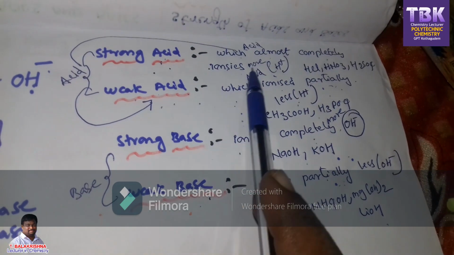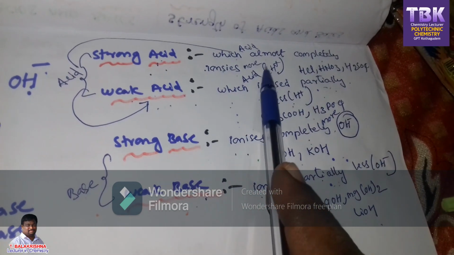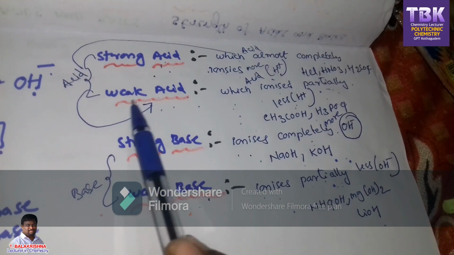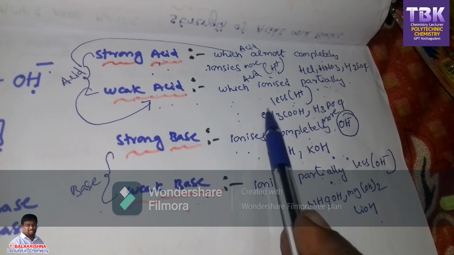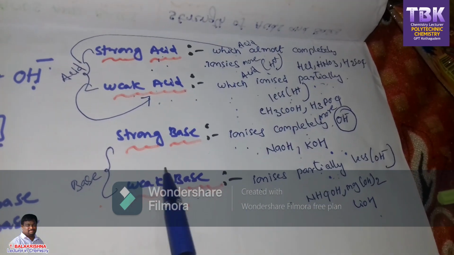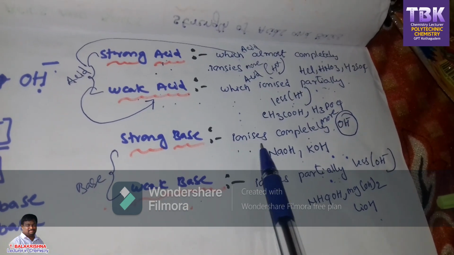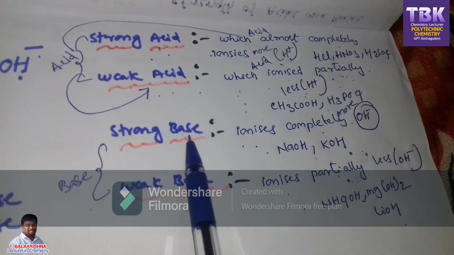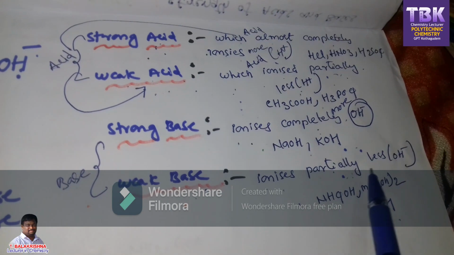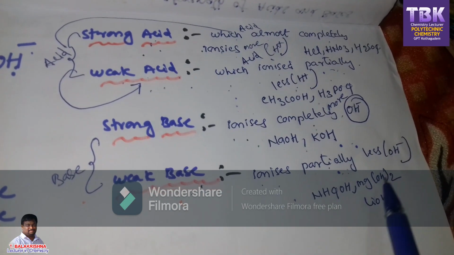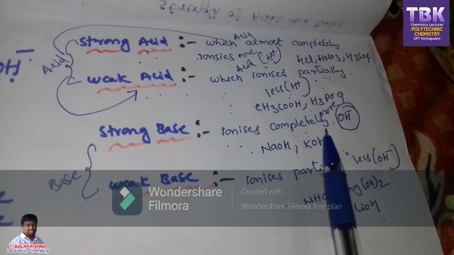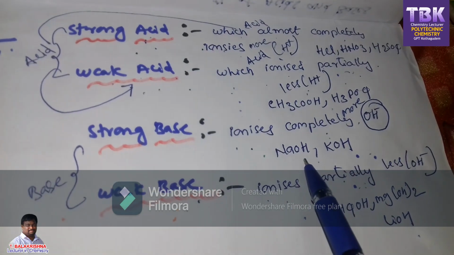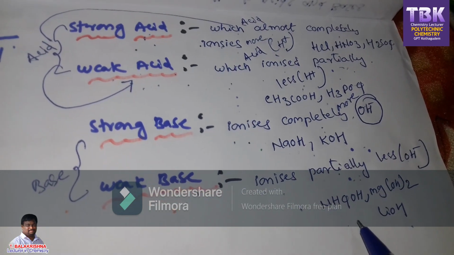I repeat, the acid which is almost completely ionized is a strong acid, and the partially ionized one is a weak acid. These are the examples for strong acid, weak acid, strong base and weak base.